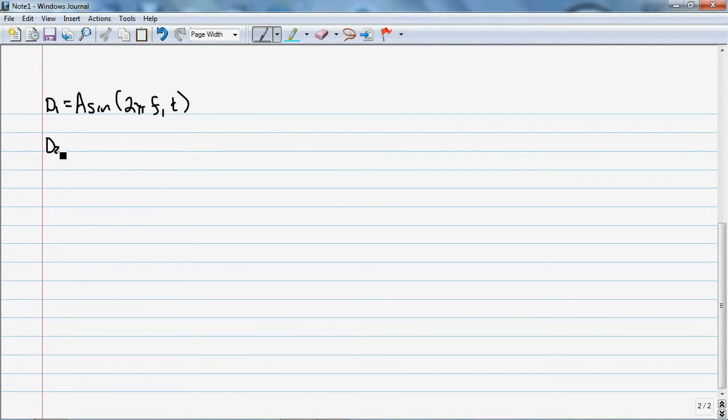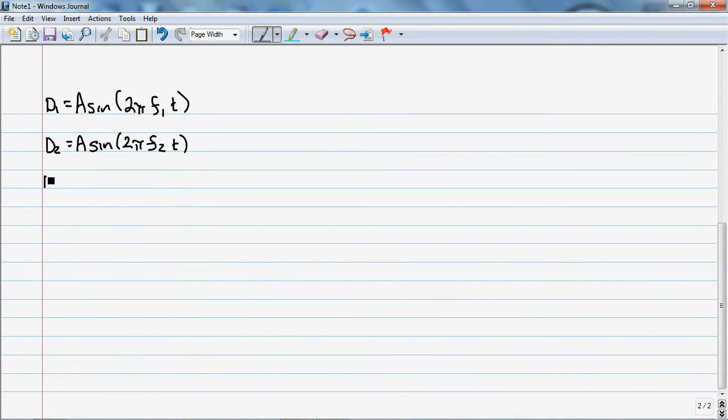And we'll have our wave d2, the same amplitude, sine of 2 pi frequency 2 times t.